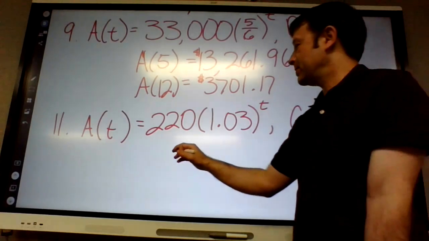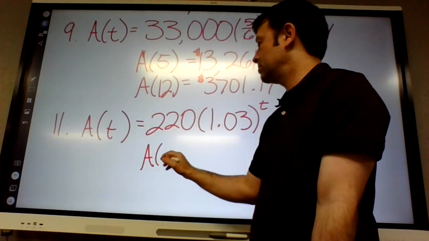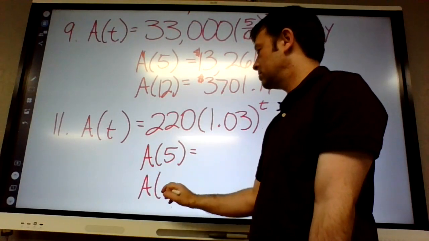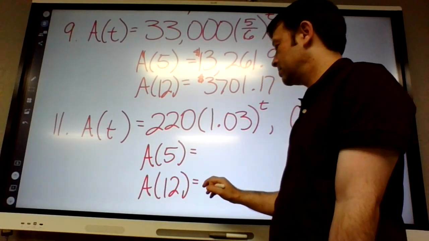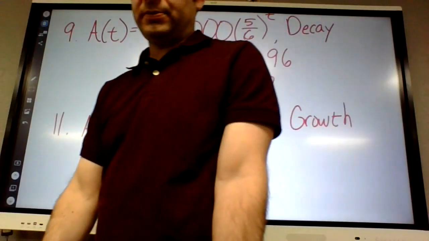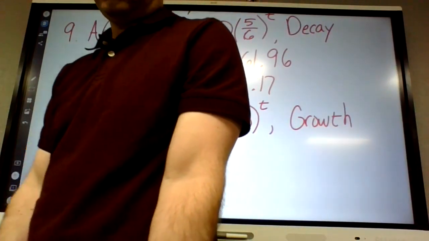And then we need A of 5 and A of 12 again. Okay, the 5 is 255 and 466.